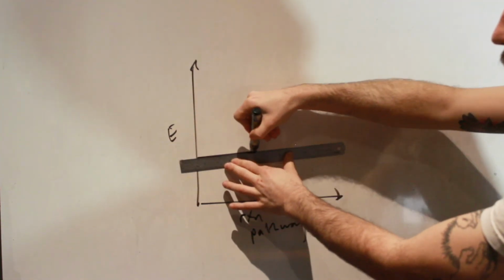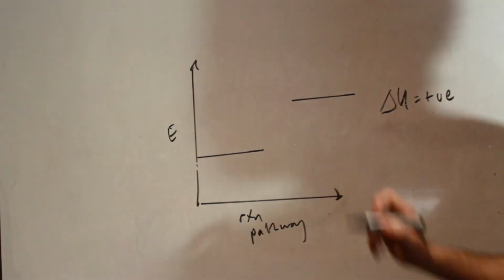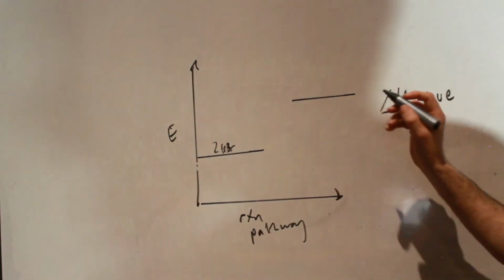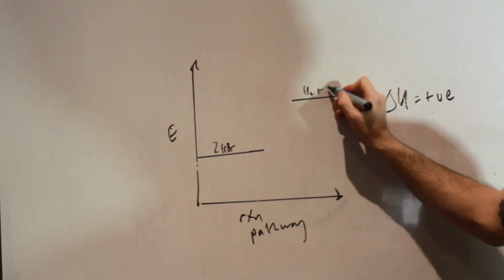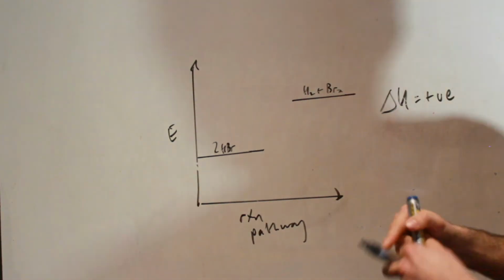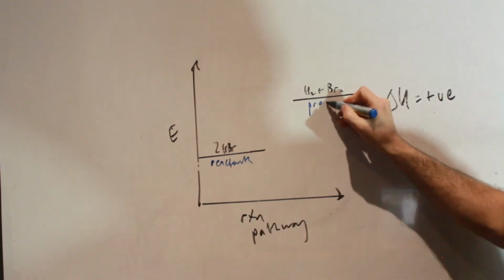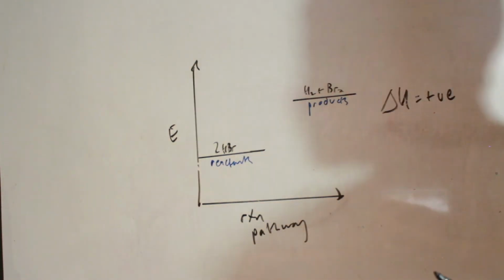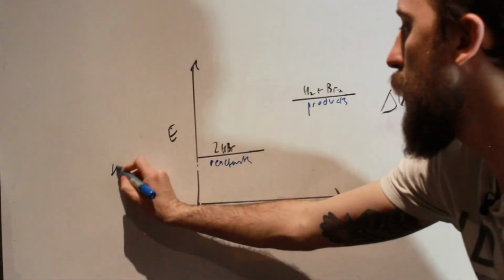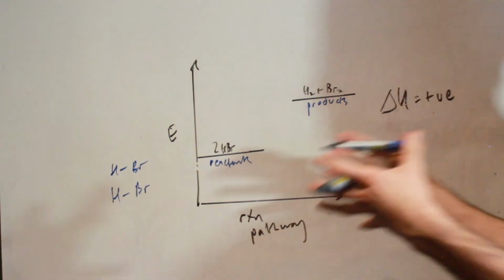My reactants in this case were given as HBr. So I've got 2 HBr there. My products is H2 plus Br2. They're my products. I might even write that on there just so we're well aware. Reactants here, products there. So what I'm doing in this chemical reaction is I'm first breaking the bonds. I've got 2 HBr molecules. I've got to put energy in.